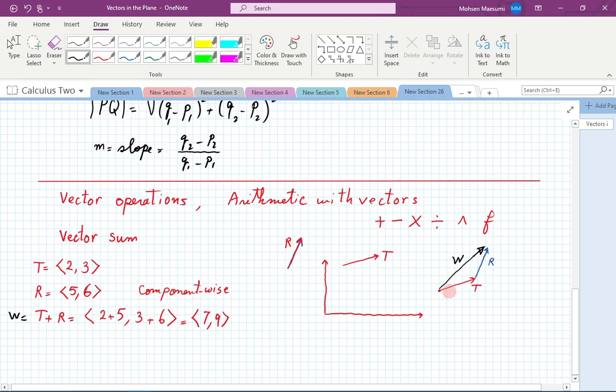Why? Well, I'm making a horizontal displacement followed by the next horizontal displacement. So that is what 2 plus 5 refers to. That's a net displacement for w. And then a vertical displacement and another vertical displacement. I'm adding them up to find out the vertical displacement of w. So that is what the vector sum refers to.